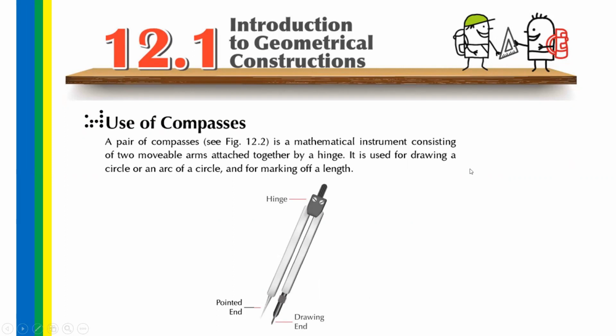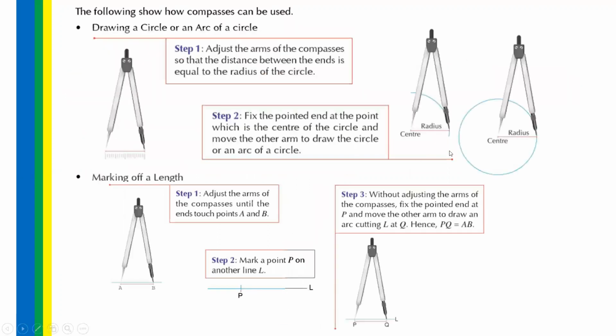And what you have to do is hold the compass on top only, okay? You cannot do it with your two hands. If you want to draw like this, it's quite simple. Step one, adjust the length with your ruler.